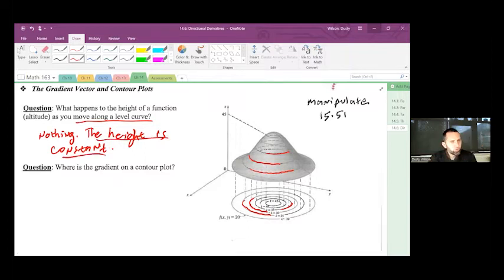That's why the name. Question, where is the gradient on a contour plot? Well, the gradient is in the direction of greatest change. And so if the level curves represent where there's no change, it should be reasonable to think that there's going to be greatest change if we are perpendicular to the level curves.